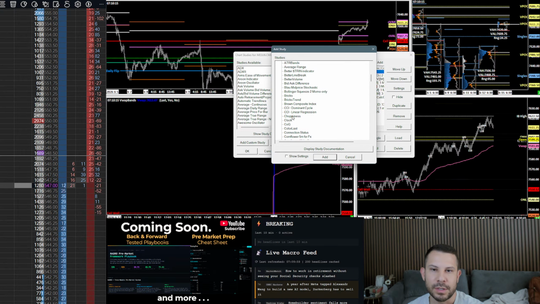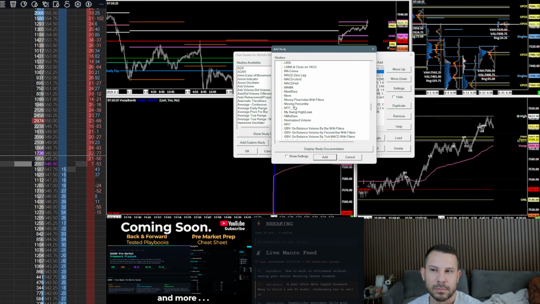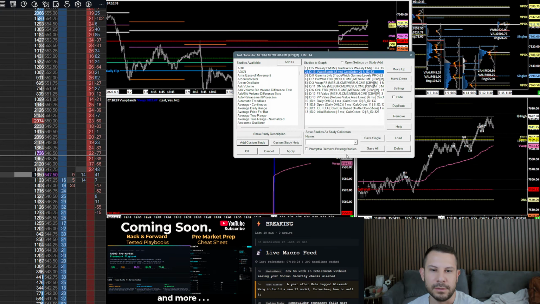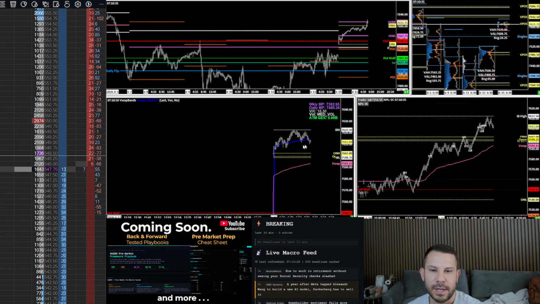Oh, someone made a trend indicator. Cool. Cumulative tick bars, not bad. We're right at the VWAP right now. I don't know. I'm trying to find it. Oh well. For now, the RTH VWAP looks like it's right there, right in this area. Let's put it up.